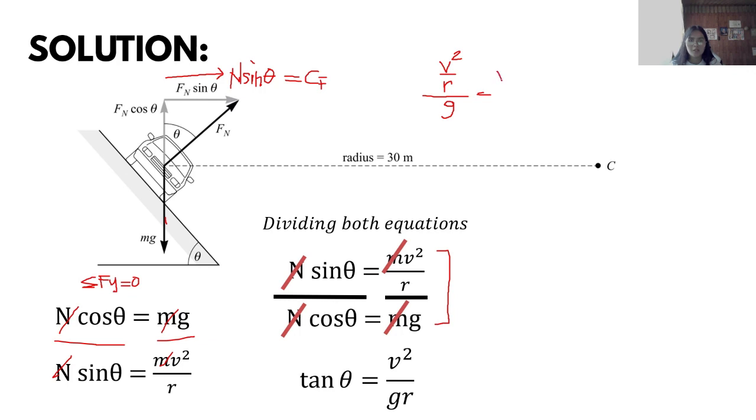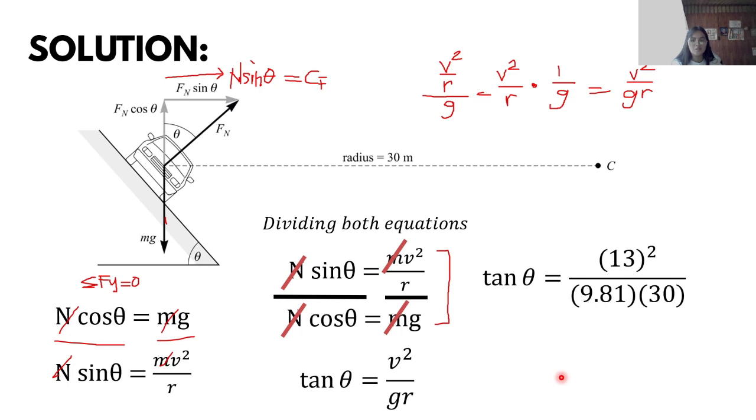Ganito lang yan. v squared over r times reciprocal ni g. Ano bang reciprocal ni g? O di 1 over g. Kaya naging v squared over gr. Okay? So, substitute nyo na yung mga values.